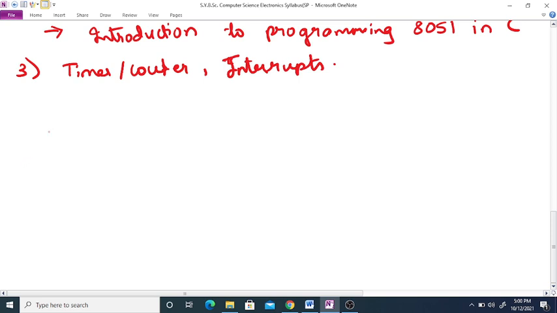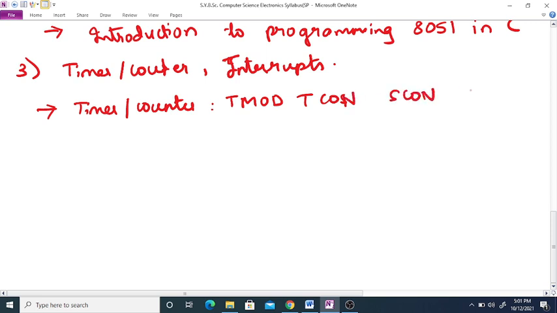The subtopics in this unit are timer or counter registers, that is TMOD, TCON, SCON, SMOD, then PCON, SBUF.